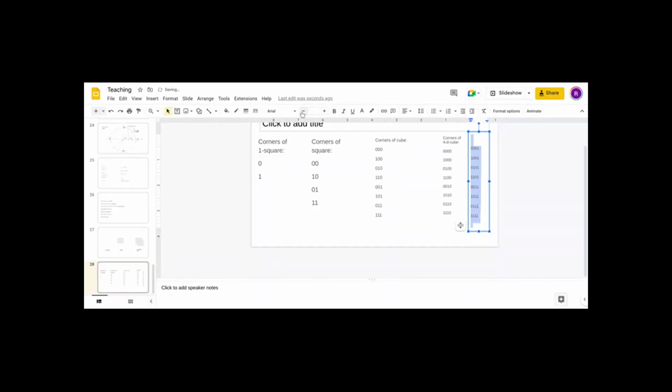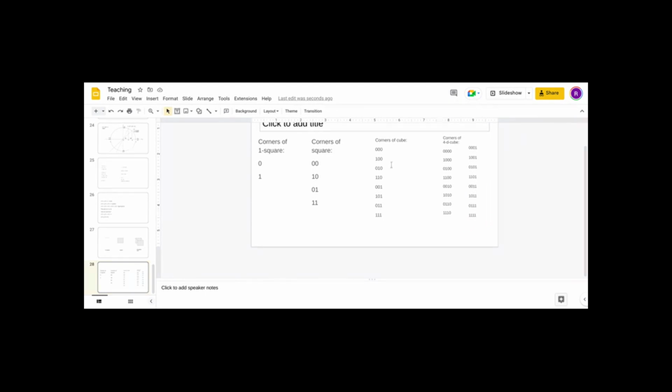So these are the 16 corners of a 4-dimensional cube. You just take the same 8 of them and you put a 0. You take the same 8 of them and you put a 1.